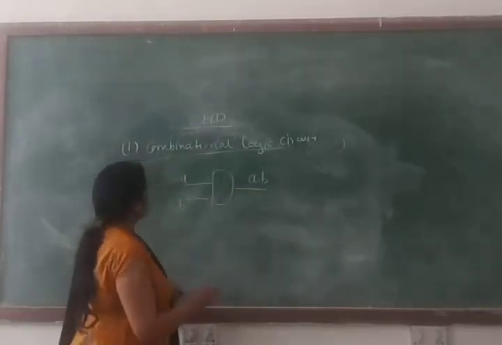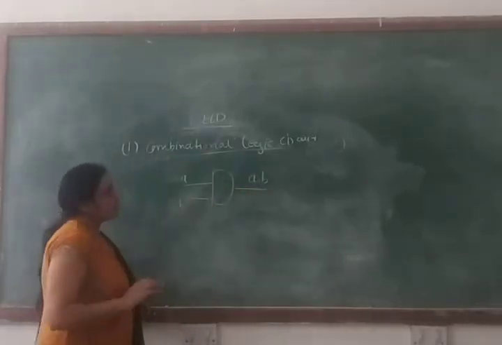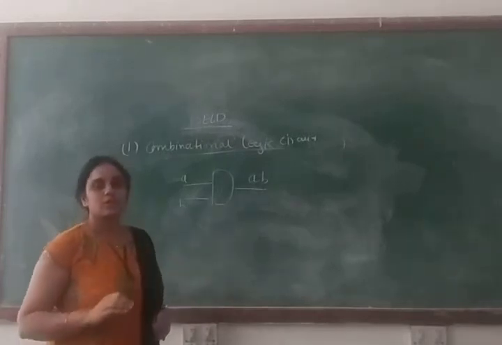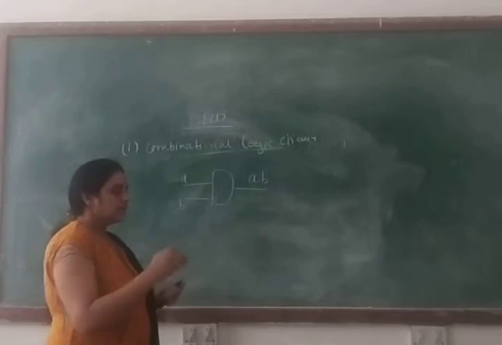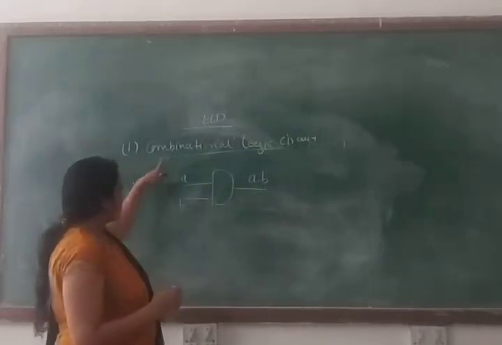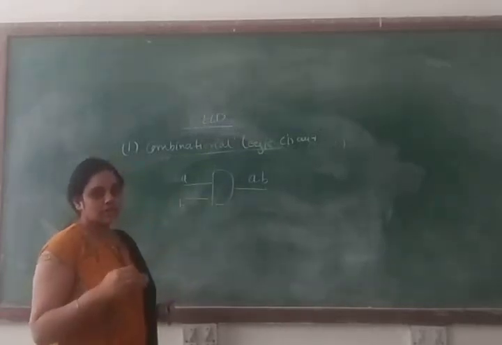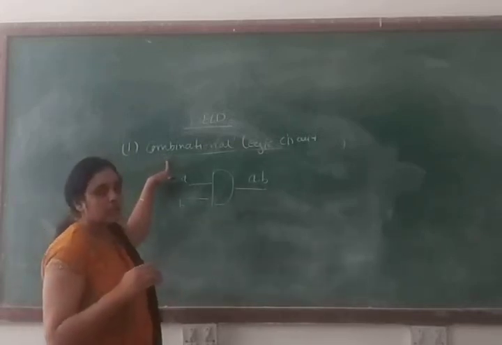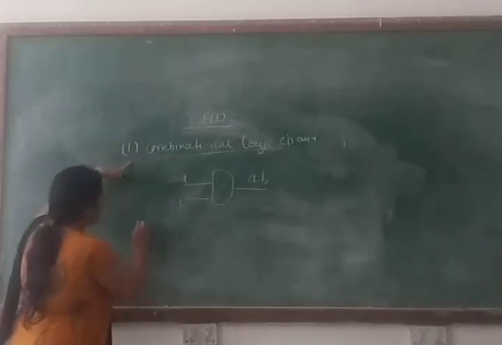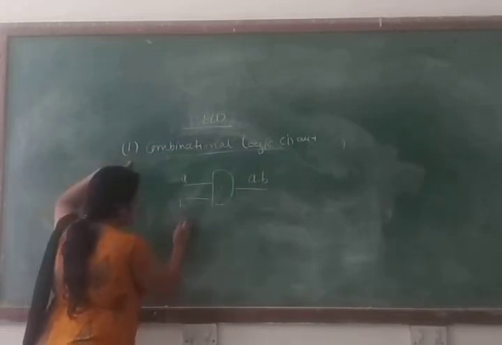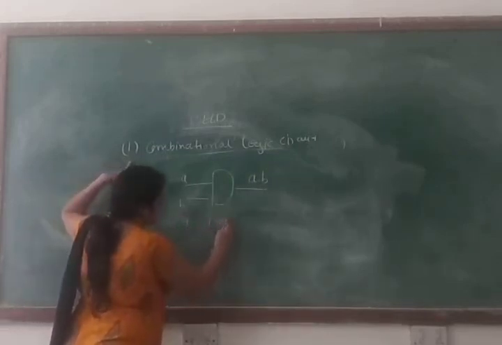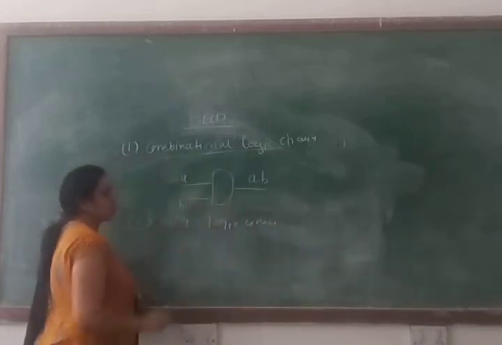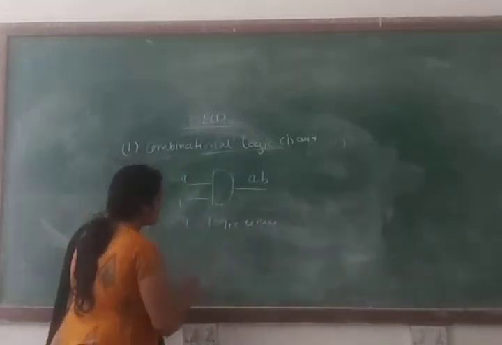But before completing the definition of combinational logic circuit, we will also discuss the definition of sequential logic circuit, because the comparison between combinational logic circuit and sequential logic circuit basically defines the basic understanding about the combinational logic circuit. For example, see, this is your sequential logic circuit, right? In a sequential logic circuit, we will take the same example.